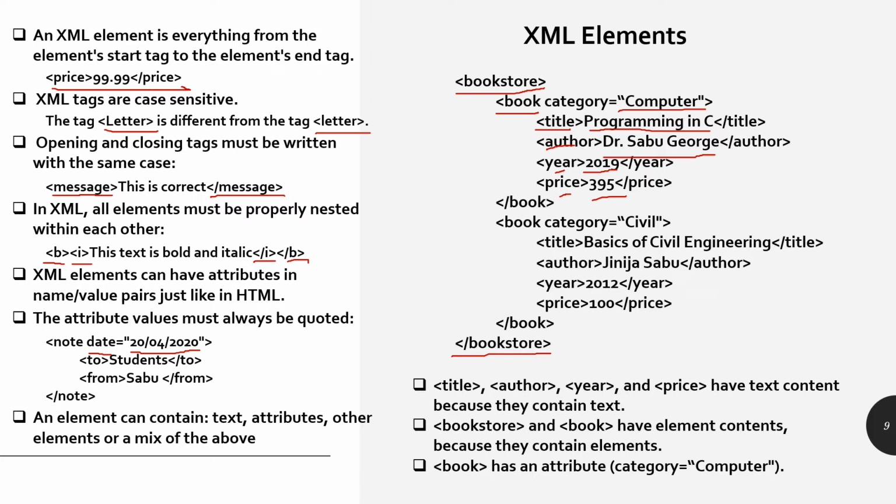This is about this particular tag, the content is like that. Similarly, you see the next tag, category civil, title Basic Civil Engineering, author Ninja Sabu, year of publication, price and all. This way these are the XML elements specified.